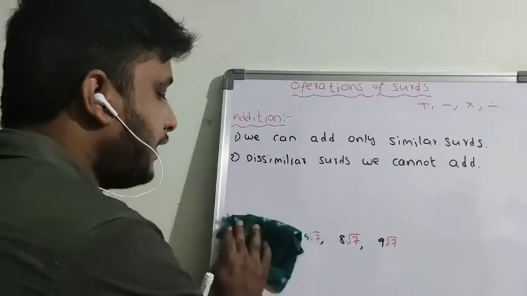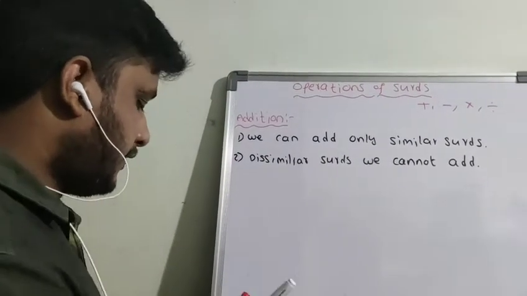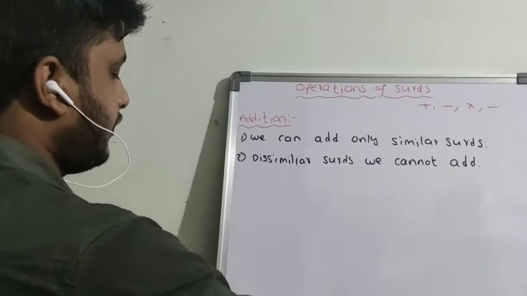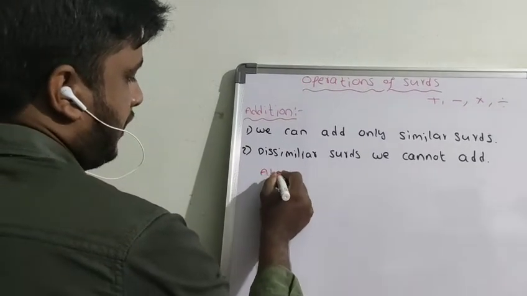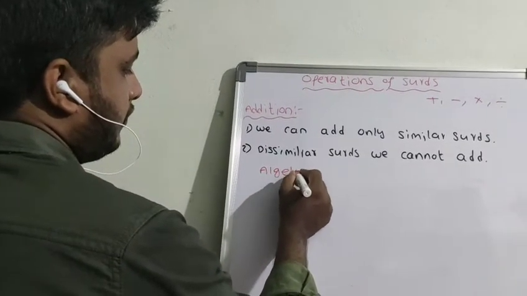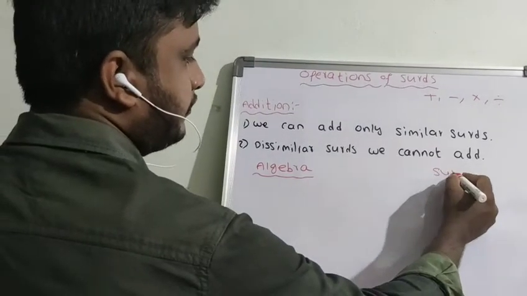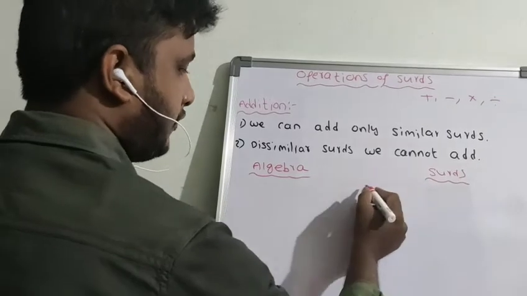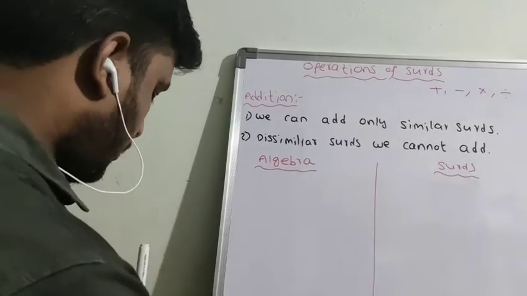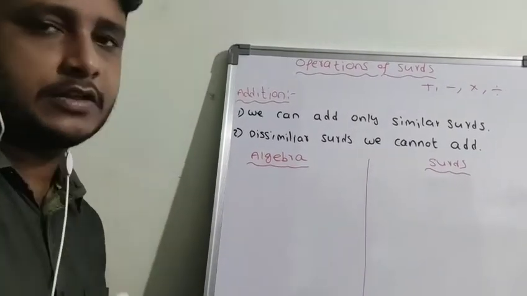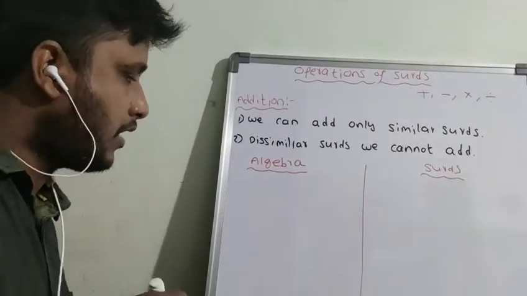Before going to addition in surds, first I am going to discuss addition in algebra, and how we do it in algebra applies to addition in surds. These 2 are similar. In algebra also, only like terms we can add, and dissimilar terms you cannot add.